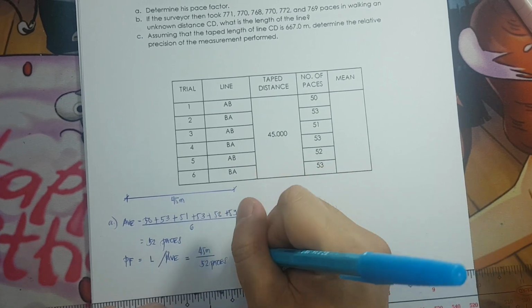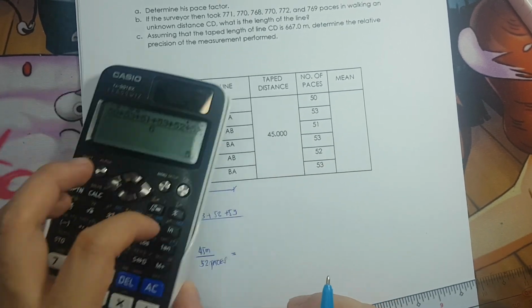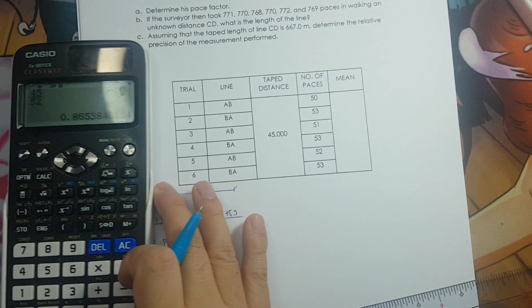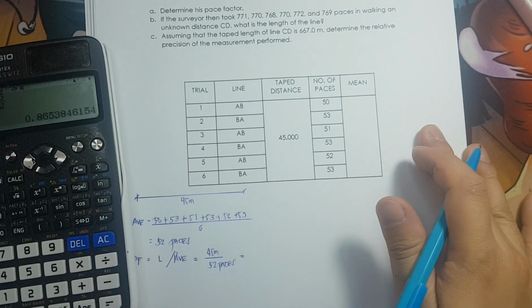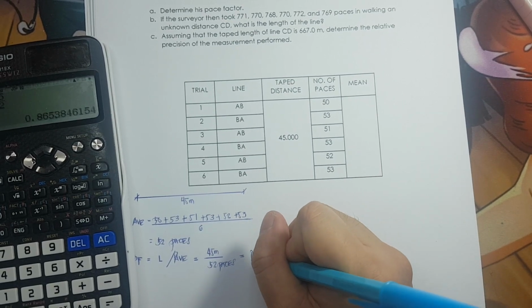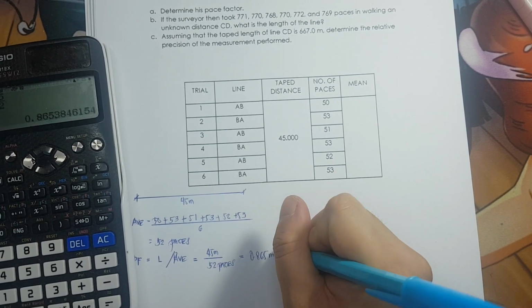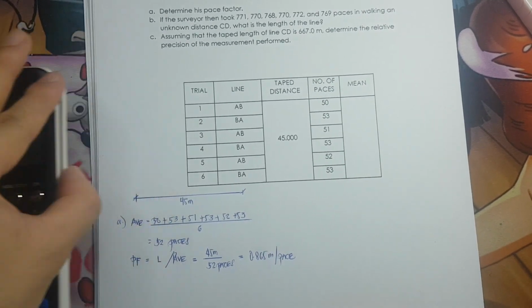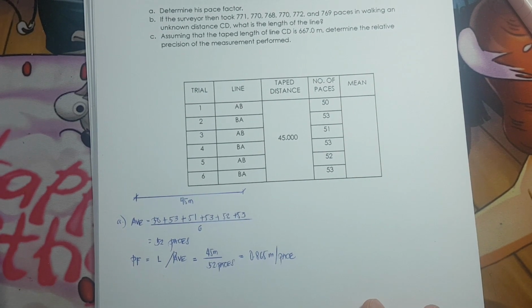So this is equivalent to 45 divided by 52, 0.865. So 0.865 meter per pace. Okay, so that is now the pace factor of the surveyor.